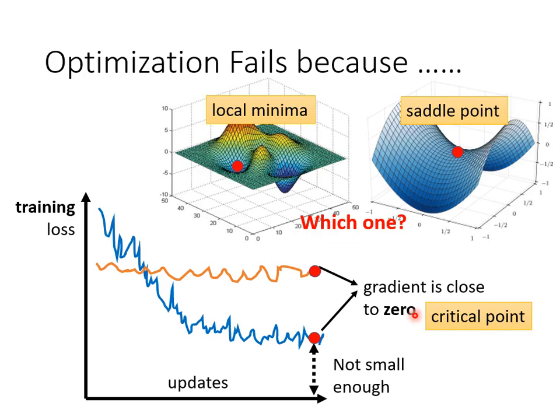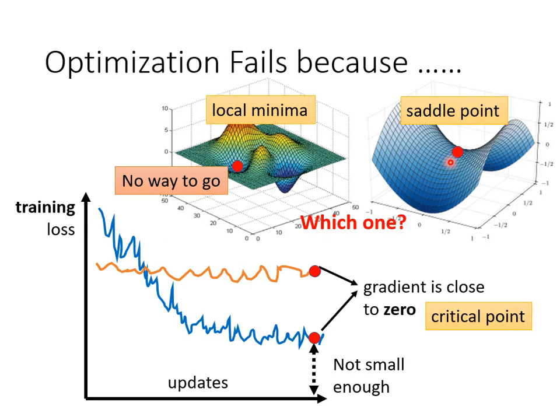So why do we want to know whether we are stuck at a local minimum or a saddle point? Because if the model is stuck at a local minimum, our model cannot escape from that point, since everywhere nearby is higher. You are currently at the point with the lowest loss nearby, so the loss will be higher no matter which direction you go. Thus the model doesn't know where to go for the next step.